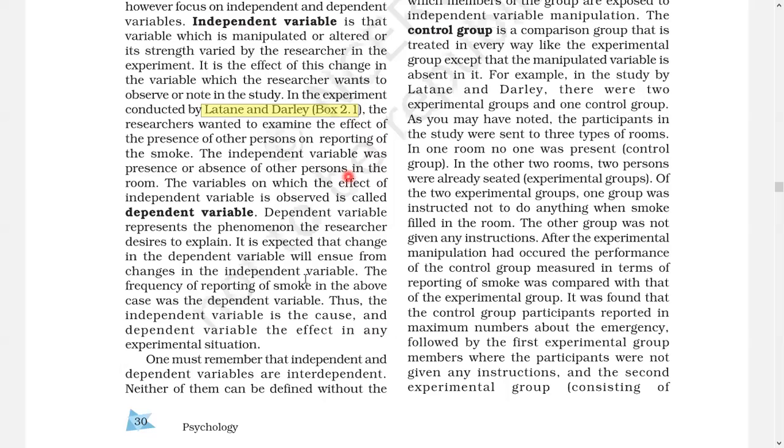Thus, the independent variable is the cause and the dependent variable is the effect in any experimental situation. So far, we have understood all these things in detail, and we will see other factors or variables which are important but can be controlled.